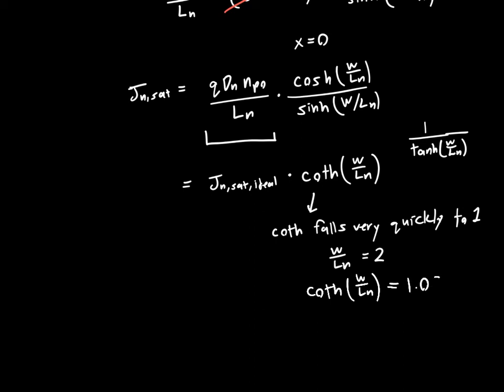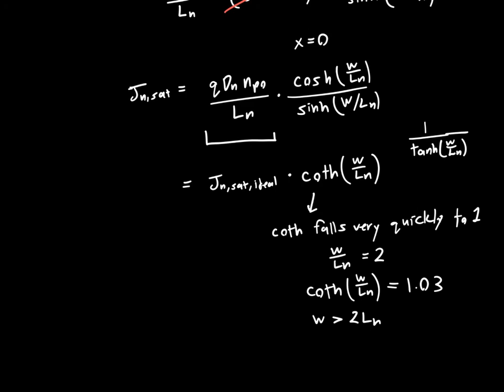So as long as W over ln is greater than 2, or W is greater than 2 times ln, our ideal saturation current density was within 3% of the actual reverse saturation current density. And so that's kind of awesome, because that means we don't really need to worry about this nasty expression so long as we have a reasonably long diode, so long as it's longer than the diffusion length.